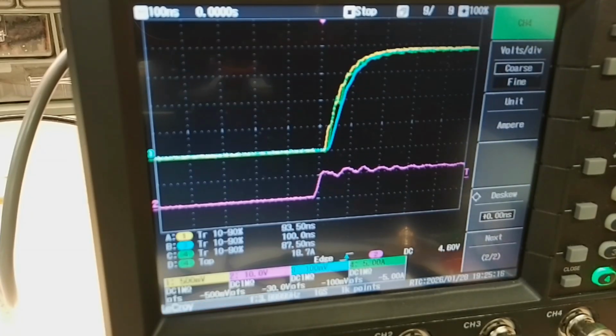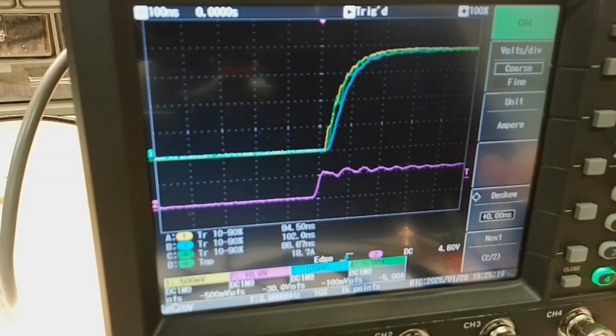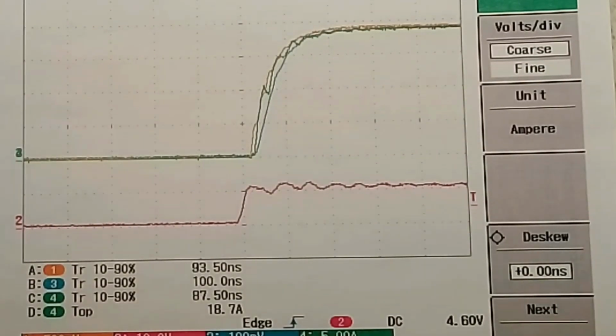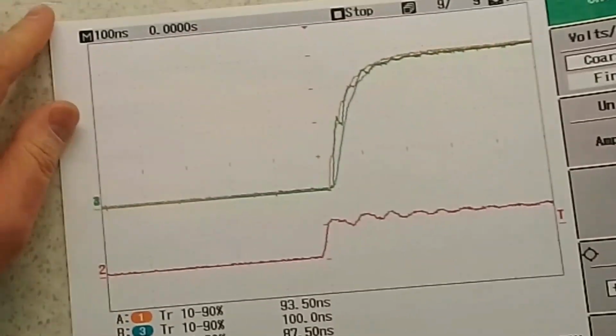Okay. Now the measurement is done. Here we can see the test results.